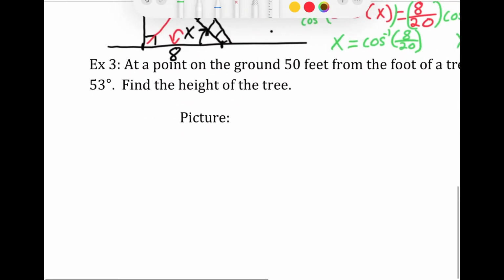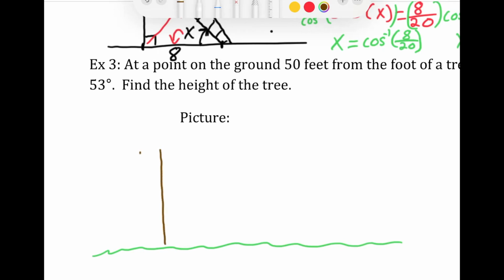So let's create some grass. We're going to create a tree. There's some leaves on the tree. Again, it doesn't have to be perfect. We're going to assume this tree does create a 90-degree angle with the ground.